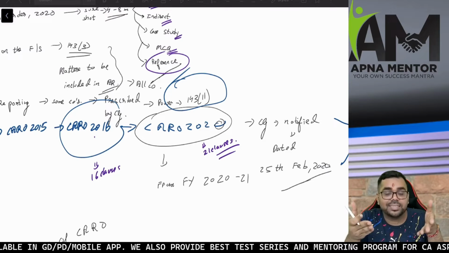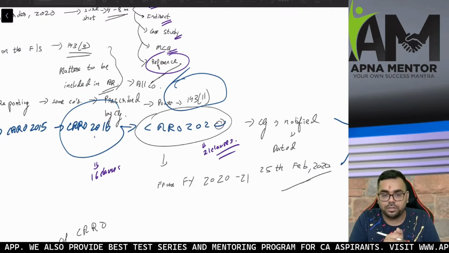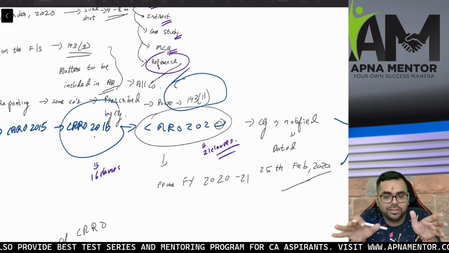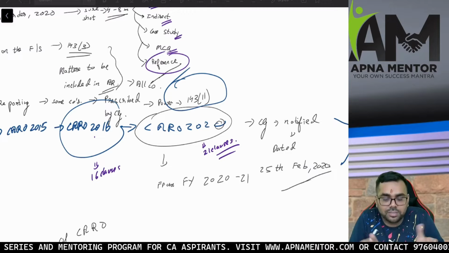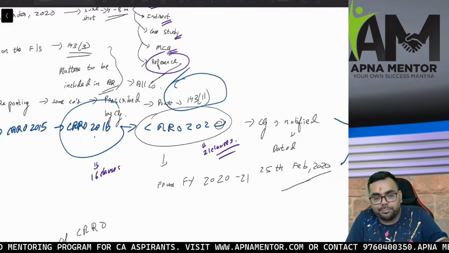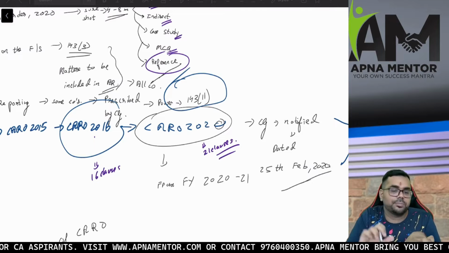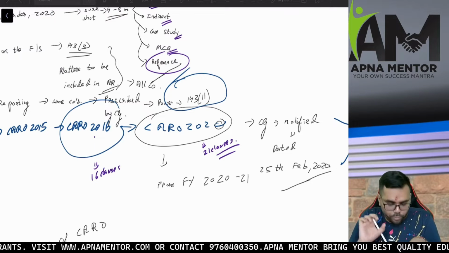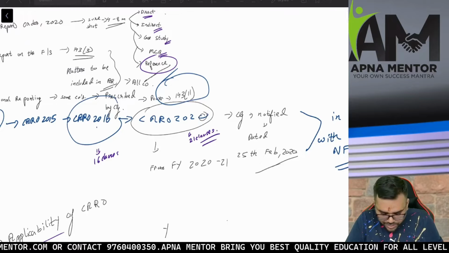The second thing is, if CARO is applicable, what are the clauses about which I have to report? In total, there are 21 clauses. As a statutory auditor of the company, I have to report regarding 21 clauses in CARO 2020 if CARO is applicable. And the reporting shall be done whether it is favorable or unfavorable. In both circumstances, reporting is to be done.